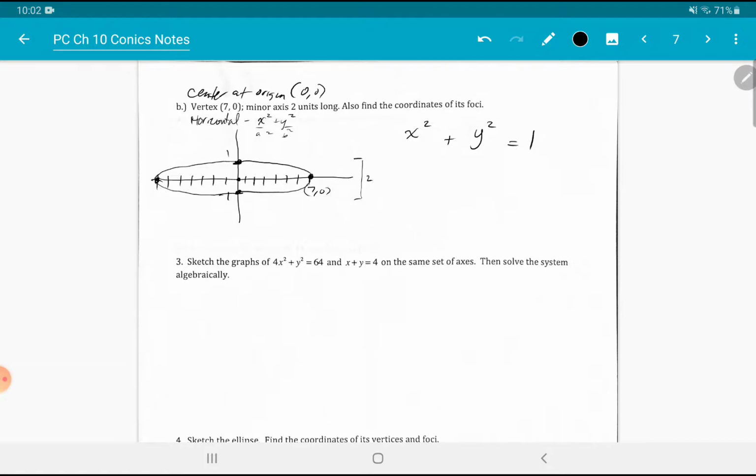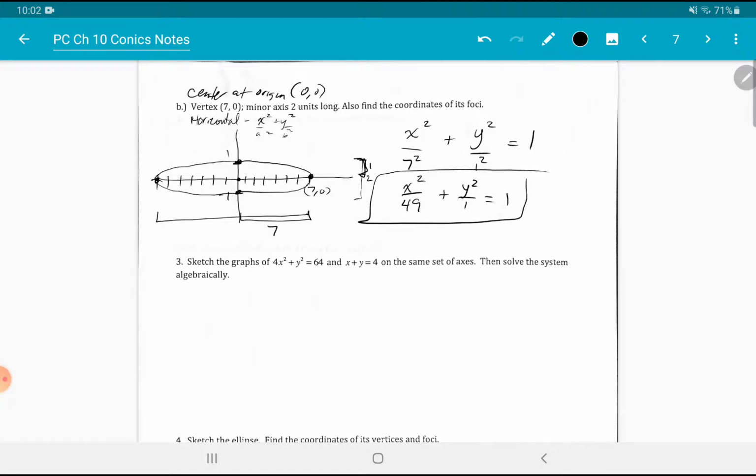Now, based on our a and b values, remember that the a represents the major axis, and in this case, the length is actually going to be a length of 7. So this will be the same as 7 squared. And then the y squared is going to be for the minor axis. That's going to be this length here from the center, which is the length of 1. So that's going to be 1 squared. So our equation is simply x squared over 49 plus y squared over 1 equals 1.